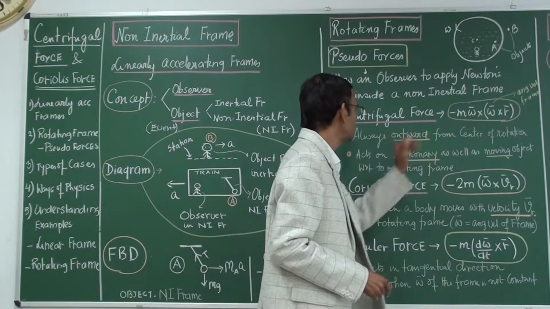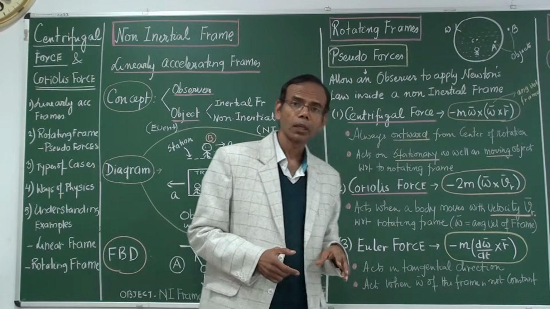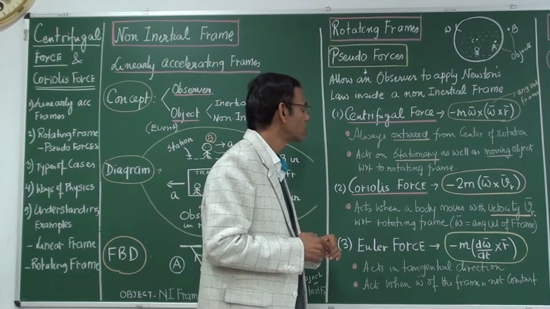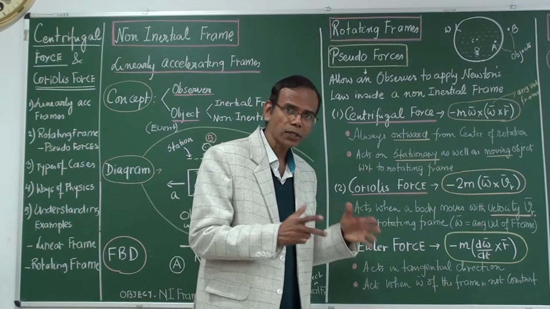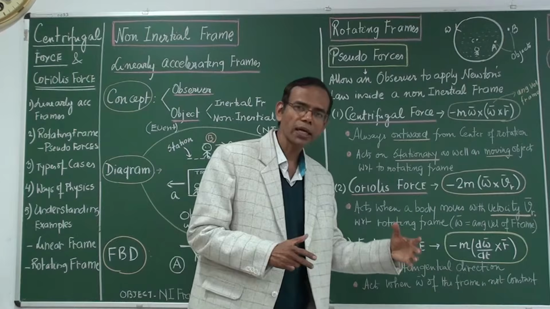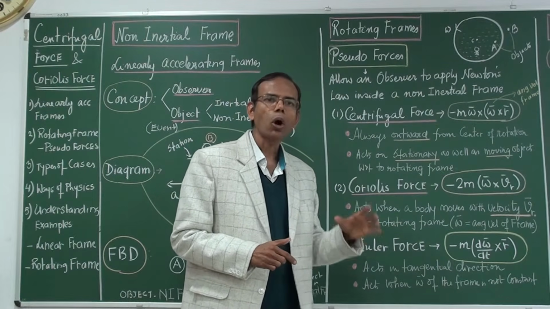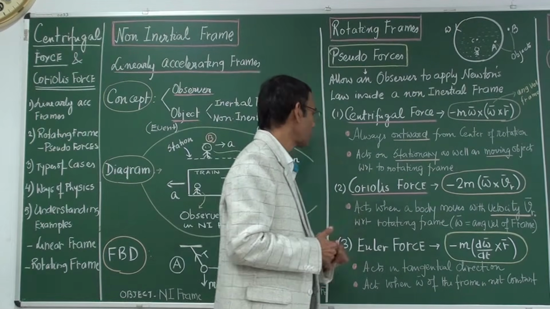So outward from the center of rotation. Second thing is, this particular force, that is centrifugal force, acts on a stationary body as well as a moving body. So whether the body is stationary or moving, centrifugal force is always there.